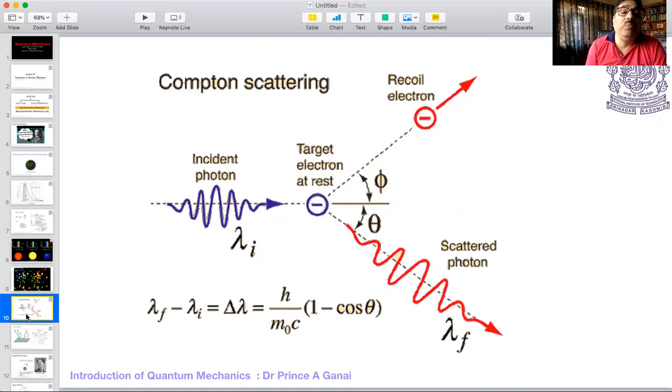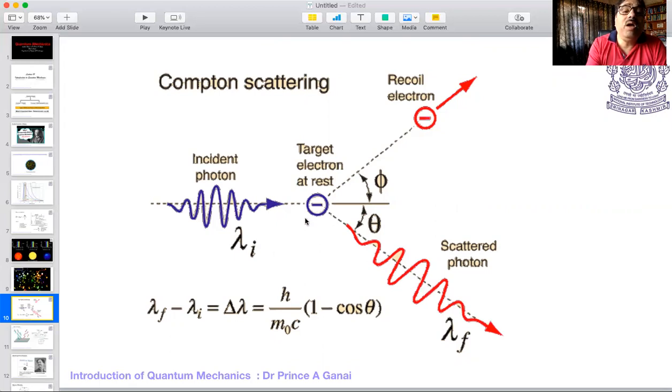In this experiment, we take a photon, a particle of light, which we now call a bundle of energy. We take a photon, which we call the incident photon, and we see its interaction with an electron at rest. Suppose we take an electron at rest and allow a photon to strike the electron. Then what will happen? The electron recoils in one direction, and the scattered photon will move in the other direction.